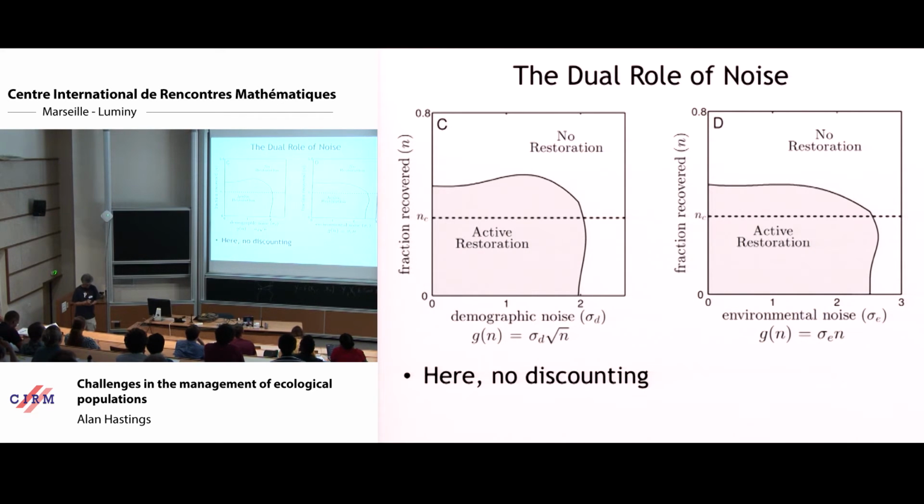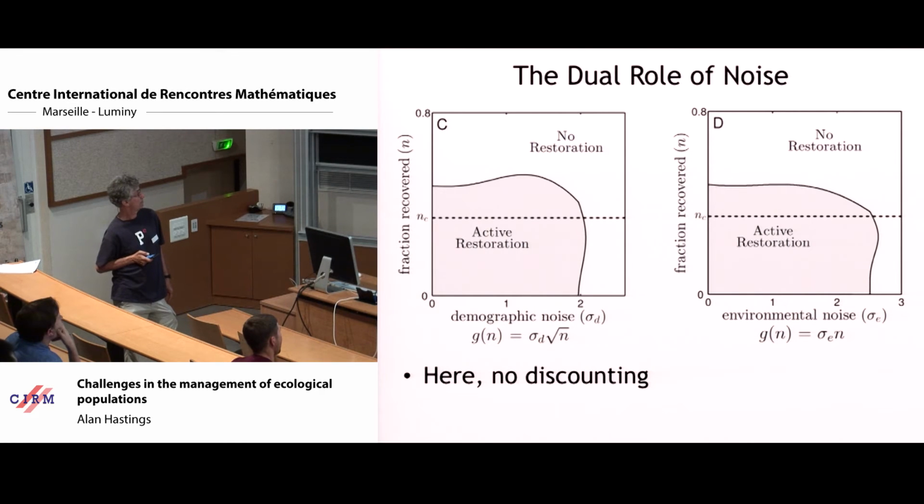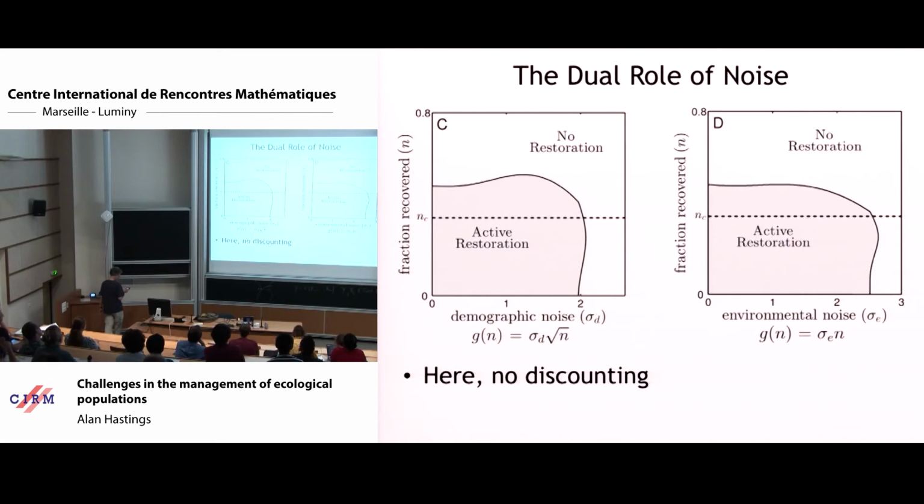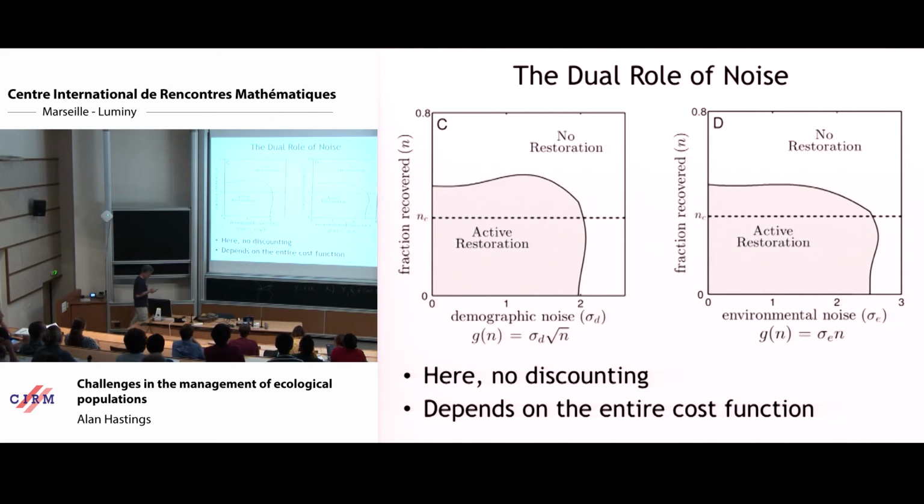And it's easier to display what's going on if we temporarily ignore the role of discounting. Demographic noise and environmental noise can change cases where you would restore to cases where you wouldn't restore. And in this sense, your decision as to whether or not to restore may depend on the entire cost function.